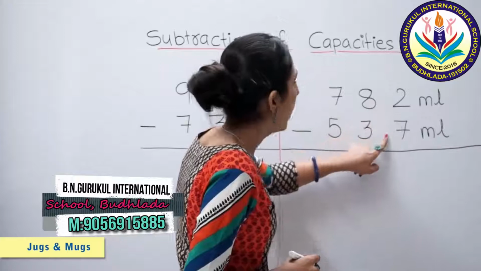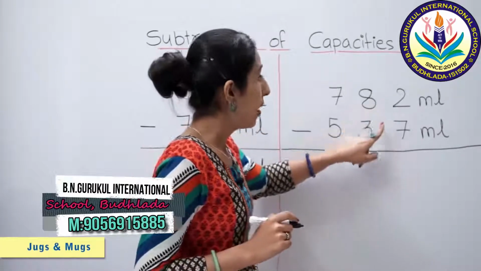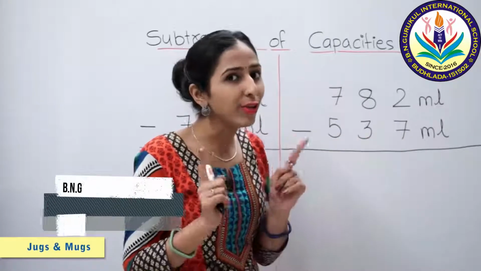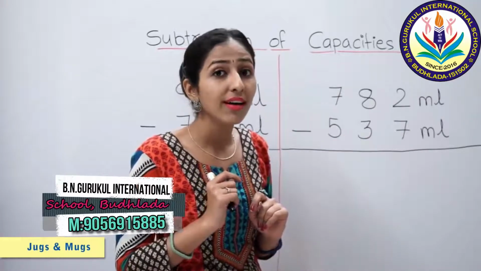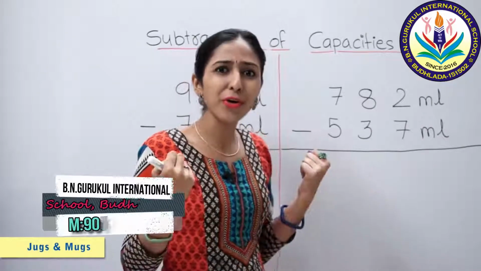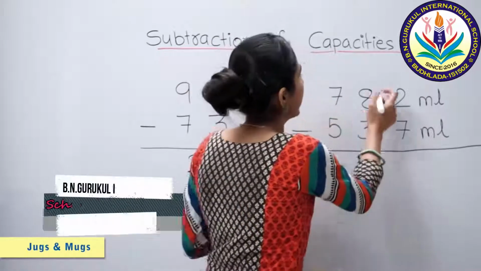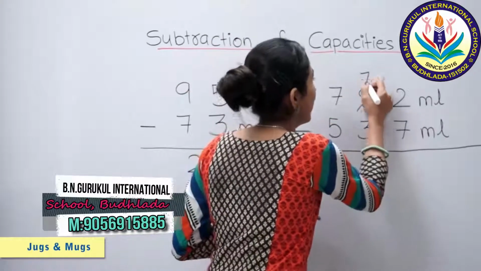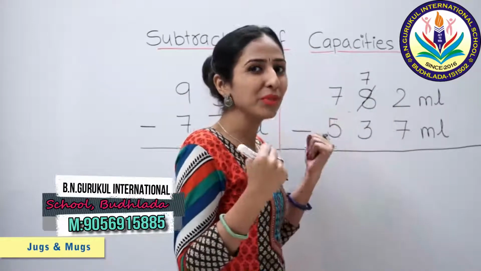2 minus 7. But students, 2 minus 7 is not possible. So let's borrow. 8 becomes 7. 2 becomes 12.